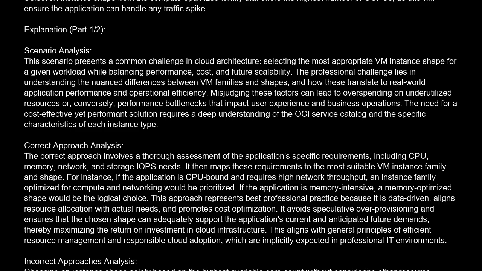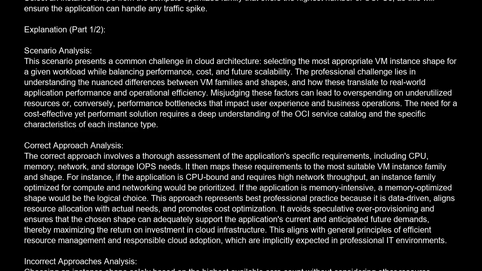For instance, if the application is CPU-bound and requires high network throughput, an instance family optimized for compute and networking would be prioritized. If the application is memory-intensive, a memory-optimized shape would be the logical choice. This approach represents best professional practice because it is data-driven, aligns resource allocation with actual needs, and promotes cost optimization.